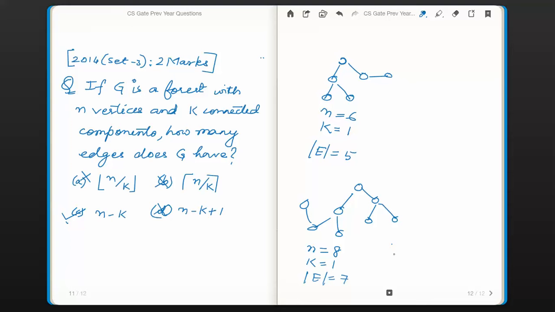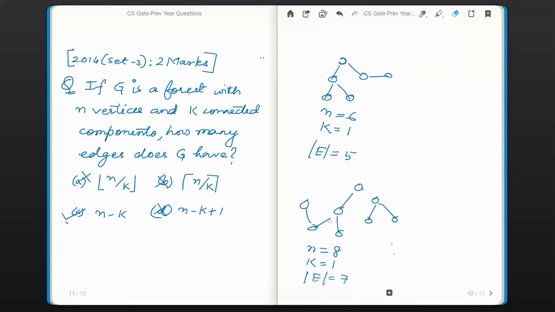Now to get two components, so this is a single component. To get two components, what we need to do here is eliminate an edge. If we eliminate an edge, we get two components, right? So we started with n minus 1 edges, and then we eliminated one edge to get two components.